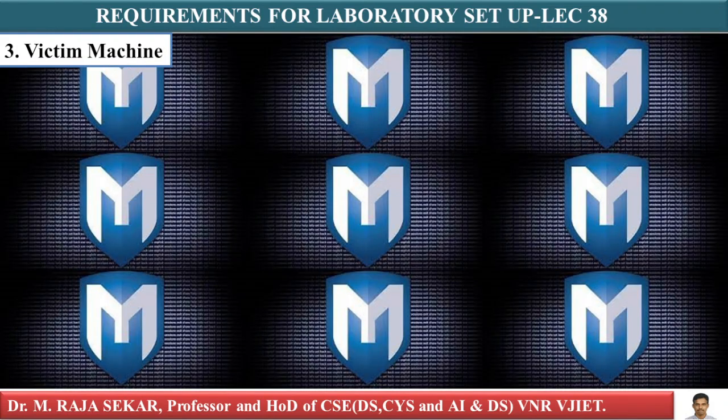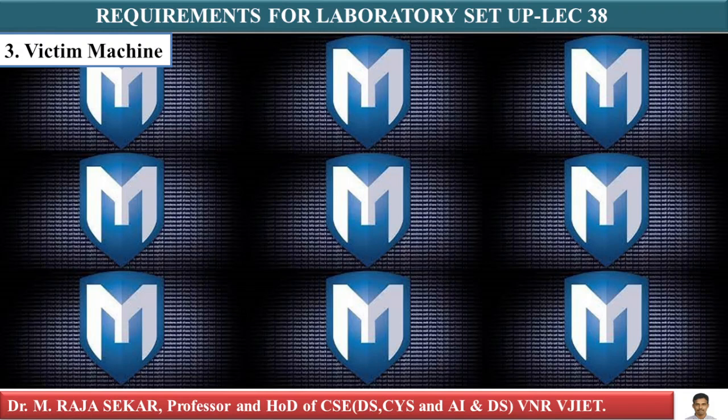Third one is the victim machine. We are mounting an attack from some machine and we are targeting some other machine, which is called the victim machine. The victim machine is a machine on which we will be mounting the attacks.